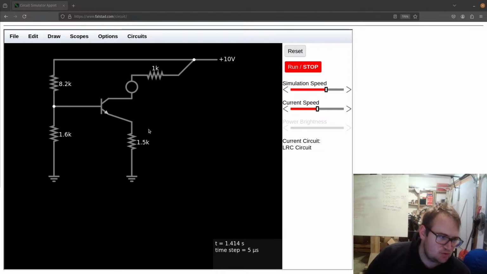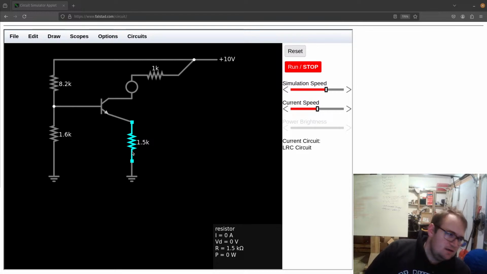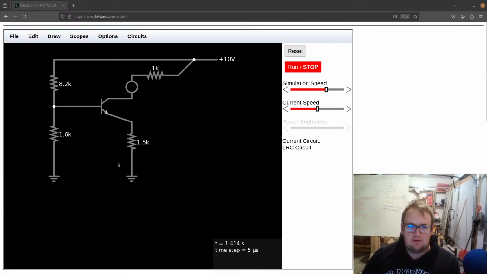Almost three quarters of a milliamp would be going through here. And that's all based on knowing the voltage at the base, that there's about a diode drop between the base and the emitter voltage, and that we also know what this value is. Okay, I think that is what they're getting at. So this will be 3/4 of a milliamp, which means this will also be dragging 3/4 of a milliamp through it.